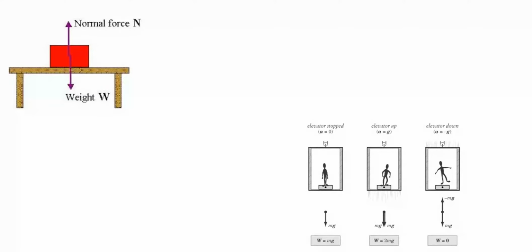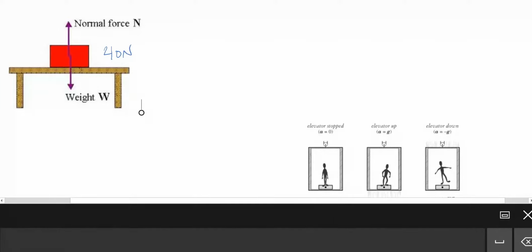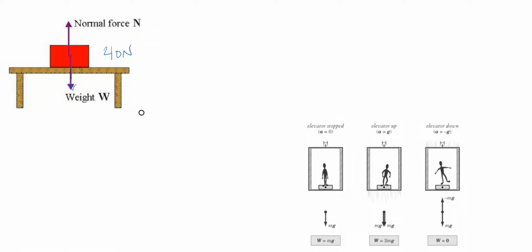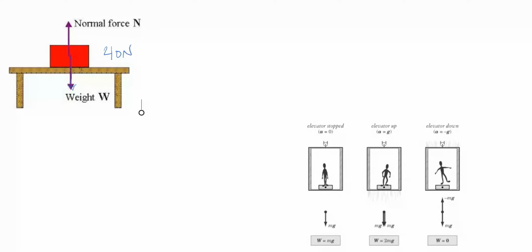Here, let's give the box a weight of 40 newtons. So we're saying that the box weighs 40 newtons. So its weight would be a downward vector due to gravity. Now, since it's sitting still on the table, that means that the table is also pushing up with a force equal to its weight of 40 newtons.